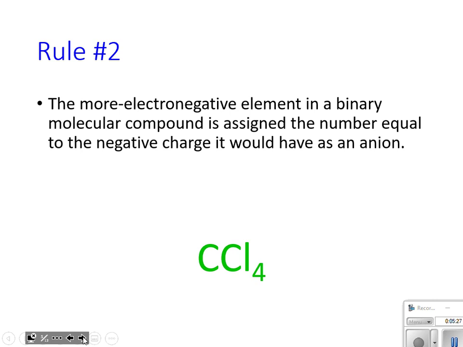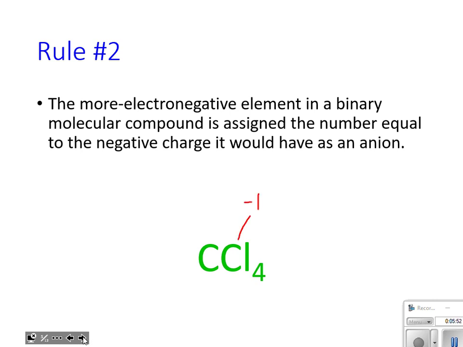Now, what charge would chlorine be as an anion? Meaning if chlorine was going to be an ion, what would its charge be? -1. Excellent. So, I'm going to draw my line to chlorine here.